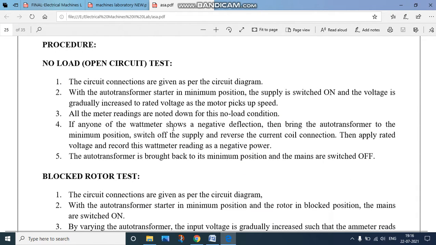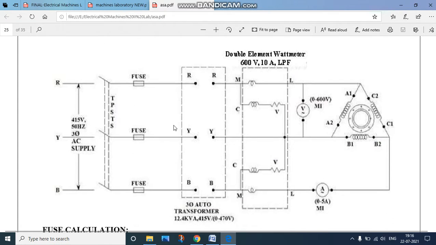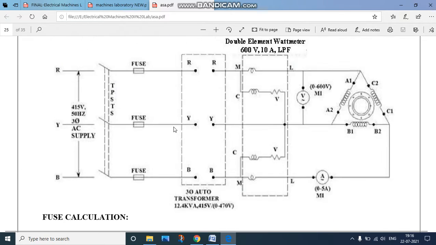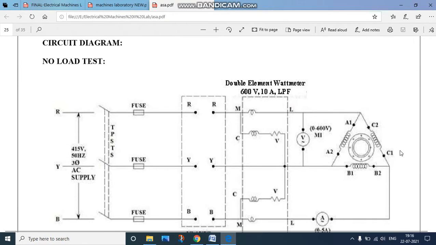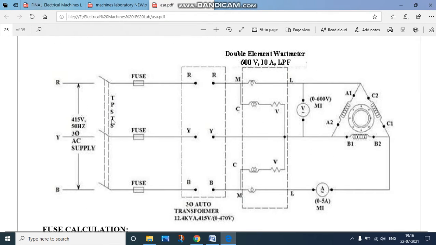Then the procedure. Before going to the procedure we can see the block diagram. The no load test and block rotor test have the same diagram, but in the block rotor test a load condition is given. It is a 3-phase supply connected by a tripolar single throw switch and a fuse carrier, followed by a 3-phase auto transformer, and a double element wattmeter is also present here.